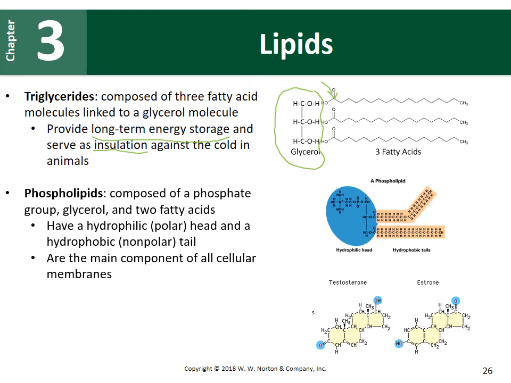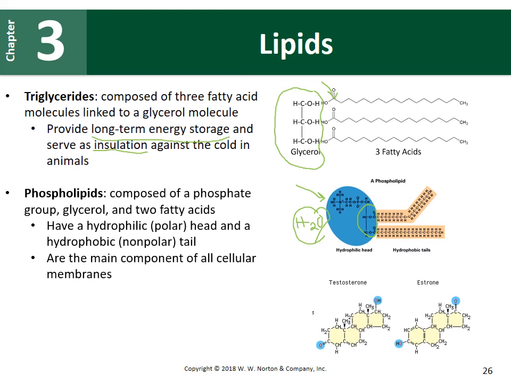Our second type of lipid are the phospholipids. These are composed of a phosphate group, which is this blue part. There is the glycerol, and instead of 3 fatty acids, it has 2 fatty acids attached. The neat thing about phospholipids is they're hydrophilic, so they are water-loving, at this phosphate group end over here.